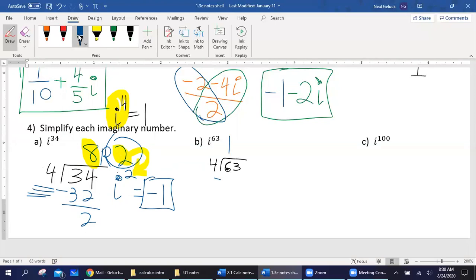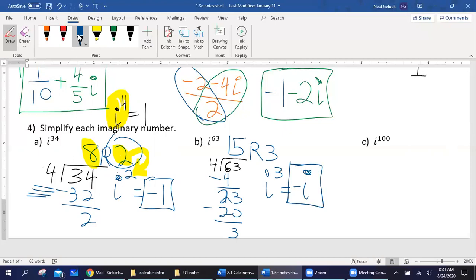So it's going to go in there once. And again, what really matters is the remainder. So this is telling me that i to the 63rd is the same thing as i to the 3rd. We determined from above that i to the 3rd is negative i.